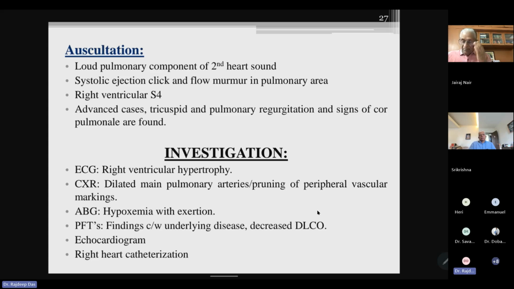A right ventricular S3 may be heard. In advanced cases, tricuspid and pulmonary regurgitation and signs of cor pulmonale can be found. The primary pulmonary hypertension can be investigated by ECG, which obviously will show right ventricular hypertrophy.